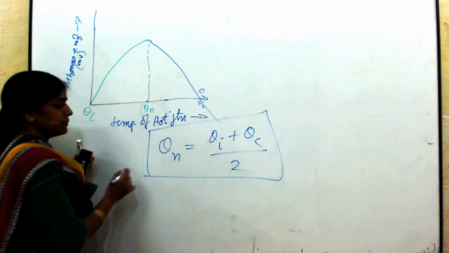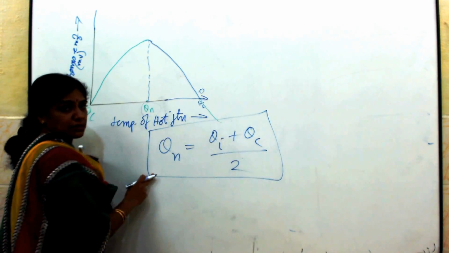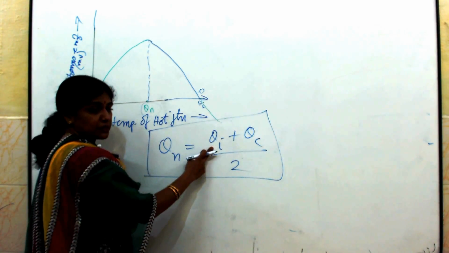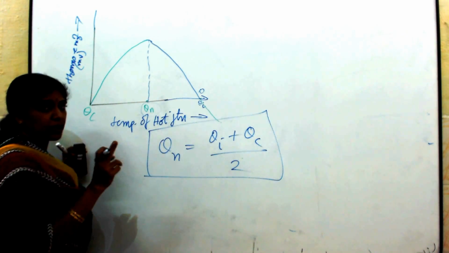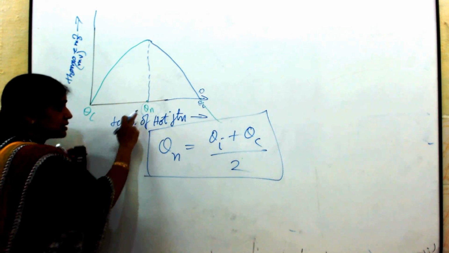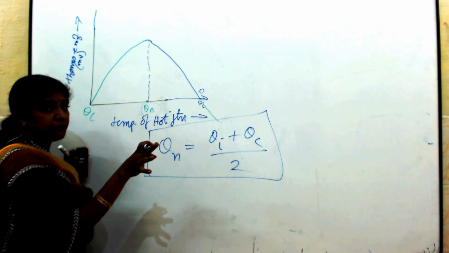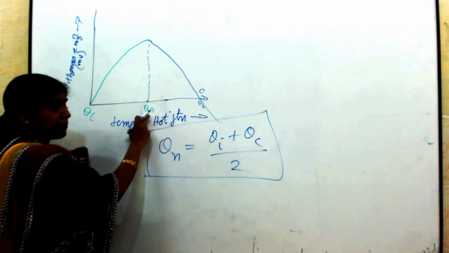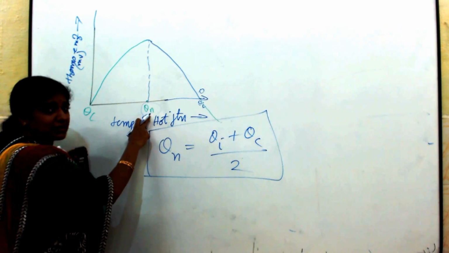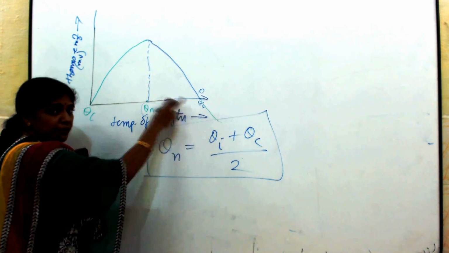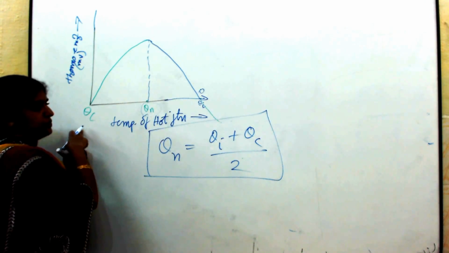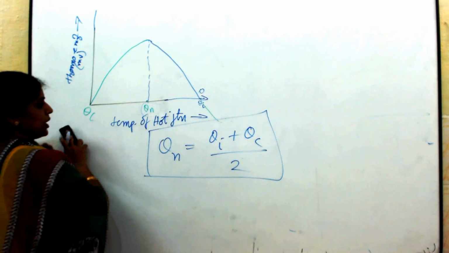This is the relation connecting these three temperatures: neutral temperature, temperature of inversion, and temperature of the cold junction. So for a given thermocouple, you should remember this theta N will not depend on the cold junction. It will be the constant. So here this theta I will be changing. It depends upon the temperature of the cold junction. This is a very important one.